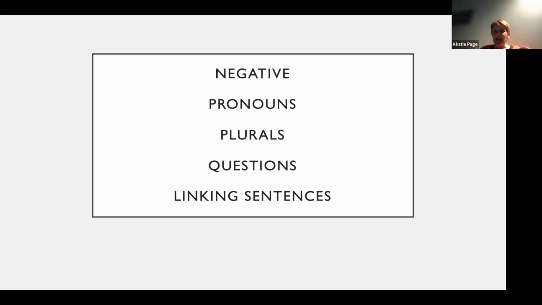And if a child is at that stage, you might not always wait for those opportunities that are driven by the child, but within your interactions, deliberately model two little sentences together, joined by a linking word.